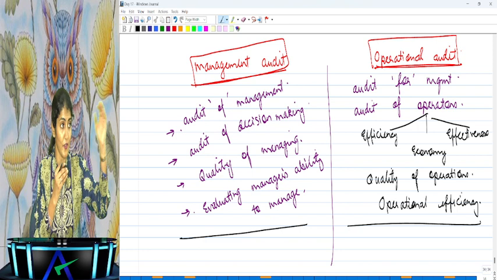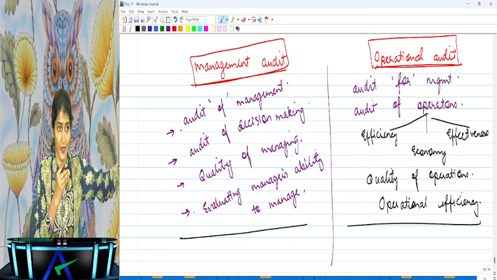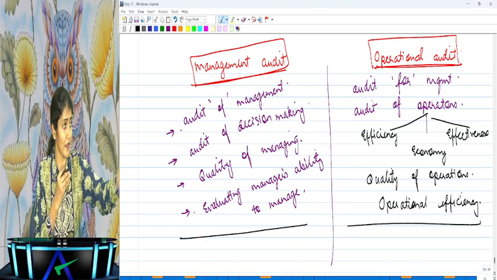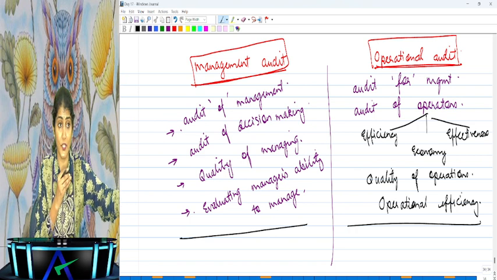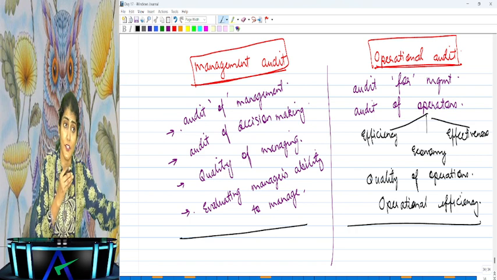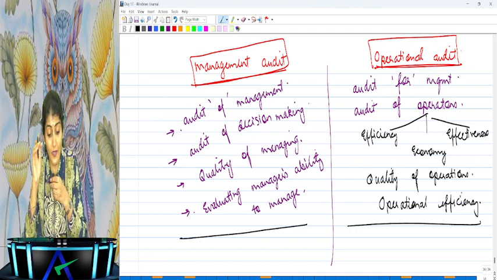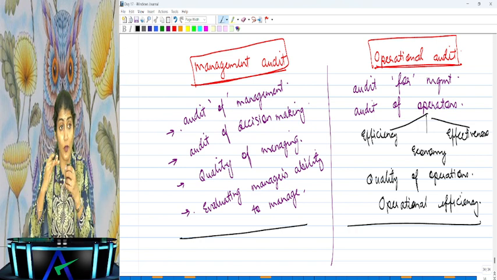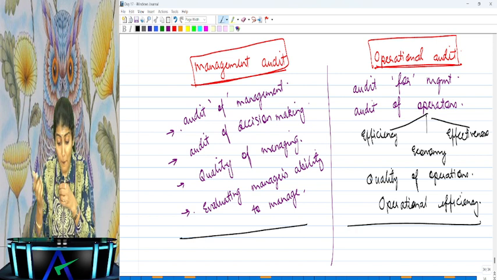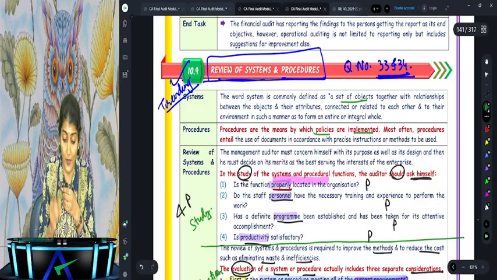If this company's decisions are taken very quickly, obviously their operations will run smoothly. Or you say this company's operations run very smoothly, so they can take decisions very quickly. It works both ways. That is why it is said that management audit and operational audit are complementary and supplementary to one another, right?